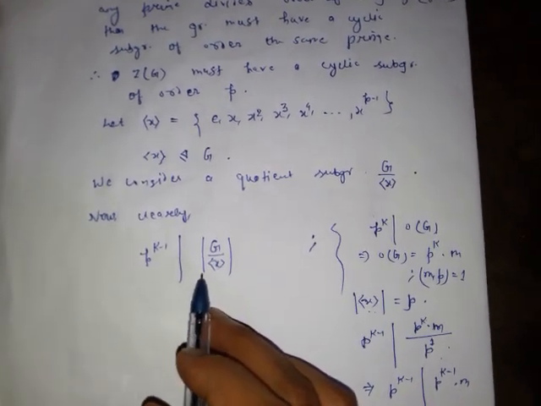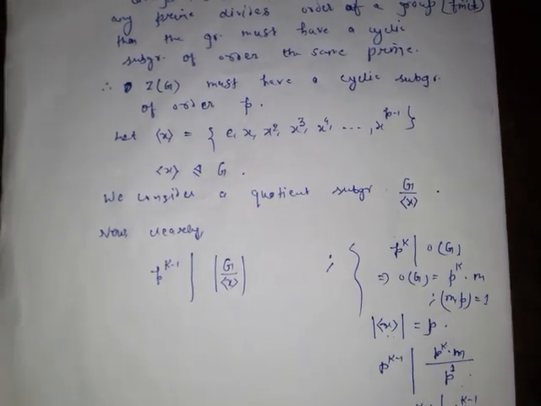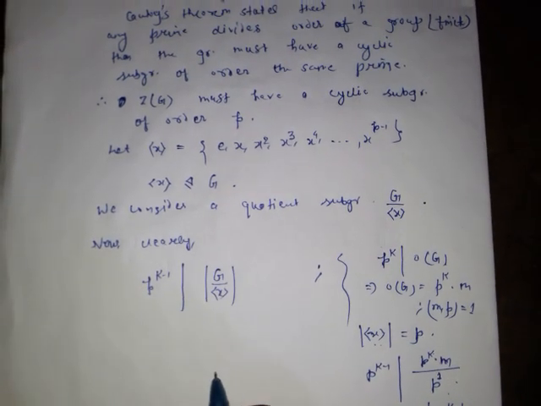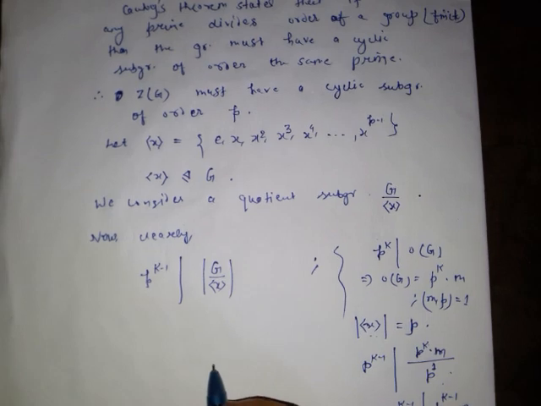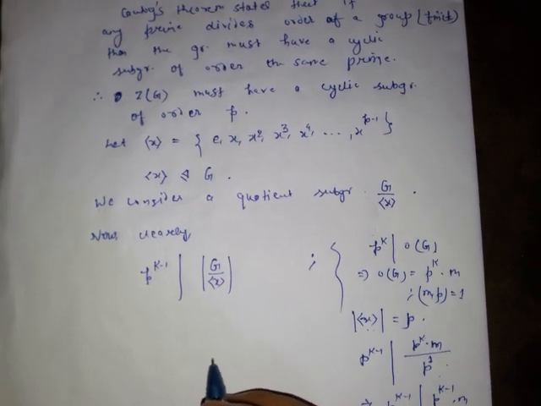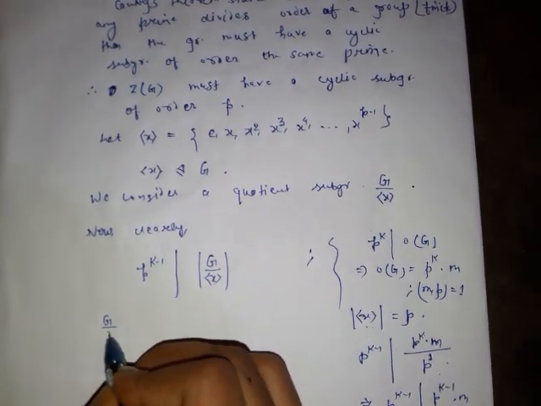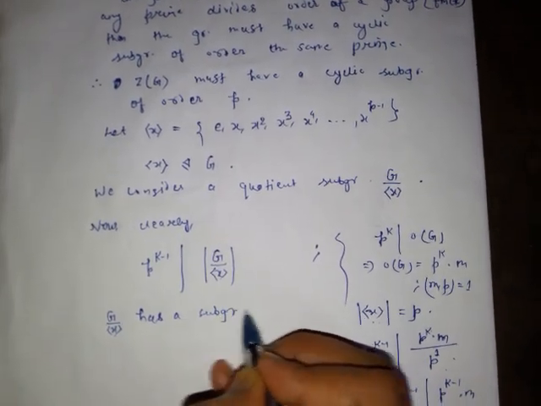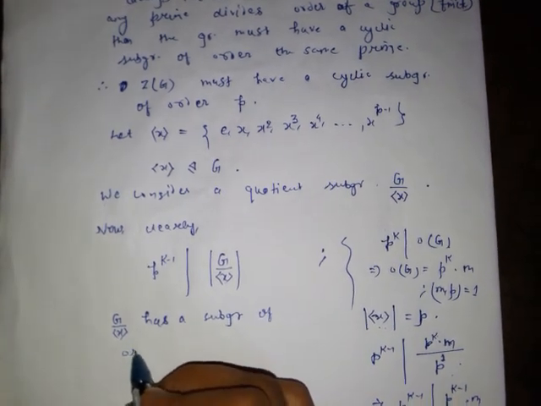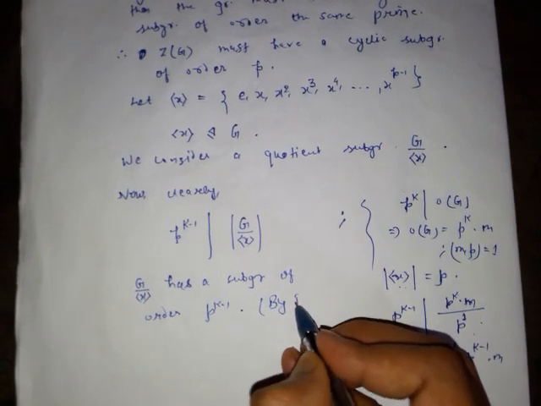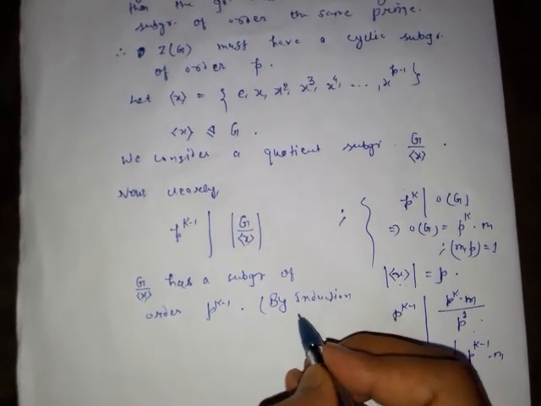Now from the induction hypothesis, the order of this quotient group is less than the order of the group G. So we can conclude by induction hypothesis that this group has a subgroup of order p raised to the power k minus 1.